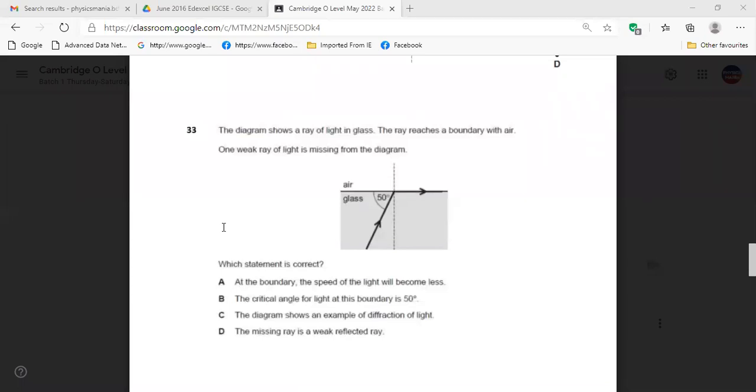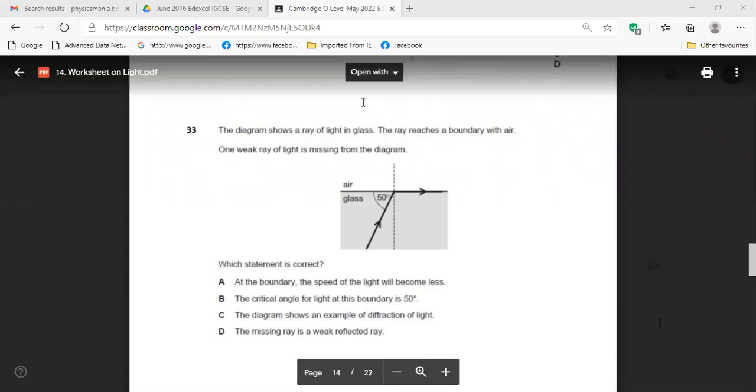Look, one weak ray will be reflected. Other than this refracted ray, in our notes we got this. Did you see it, or can you remember that in our notes we got that?